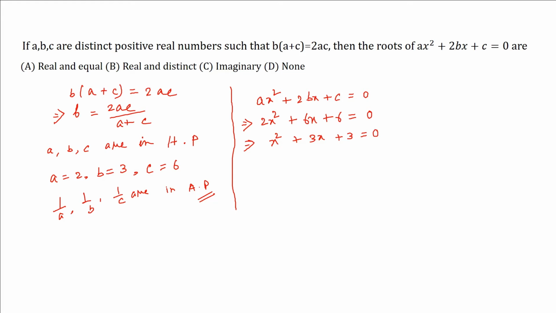Now, we evaluate the discriminant. Discriminant d equal to b square minus 4ac, that is 3 square minus 4 into 1 into 3, that is 9 minus 12, that is minus 3, which is less than 0. We know that if discriminant is less than 0, the roots are imaginary. So, C is the right answer.